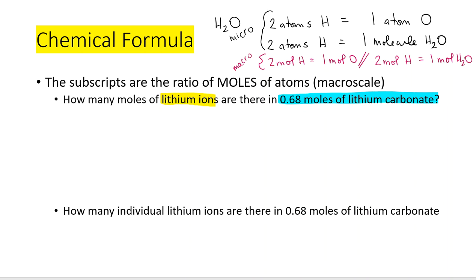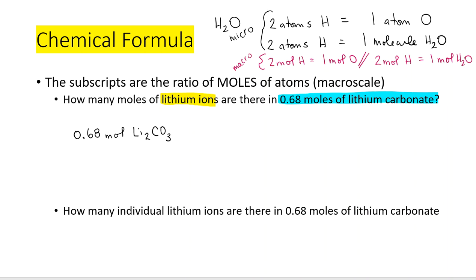You can't forget about it. So lithium carbonate, we have 0.68 moles of it. Lithium carbonate is Li2CO3 because lithium has a +1 charge. Carbonate, you just have to memorize, has a -2 charge.